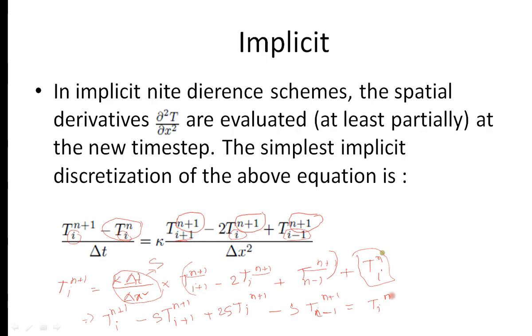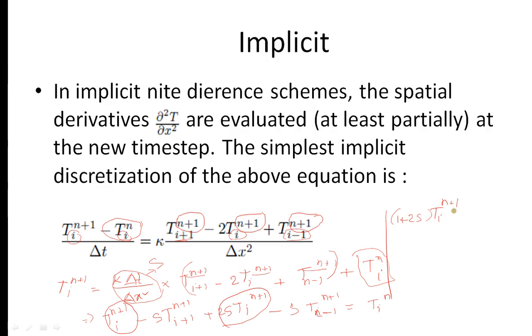From the left hand side, you can take 1 plus 2s times T_i^(n+1). At point i, this term and this term are the same way.